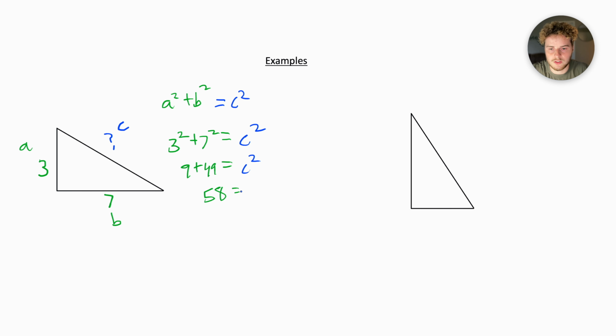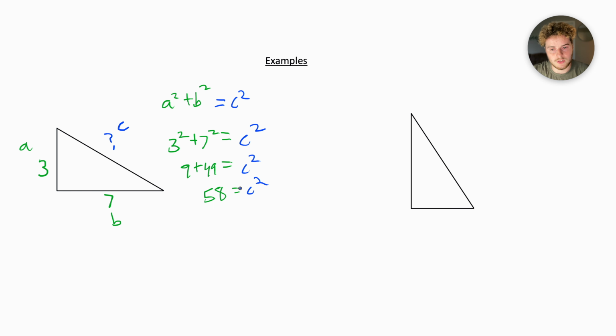equals c squared. And now we don't want c squared, we want c because we want the side length c. Just like we start with a and b, but we're squaring those just for the equation, we want to be able to find c, not c squared. So since we have c squared, if you have some practice in algebra, this would make more sense. However, you don't necessarily need it.